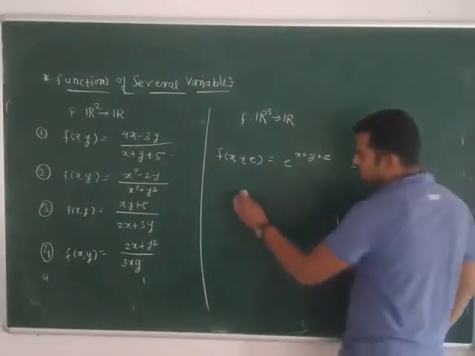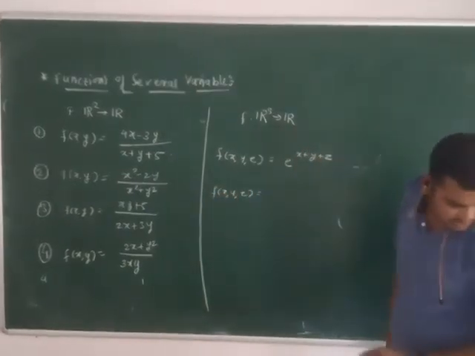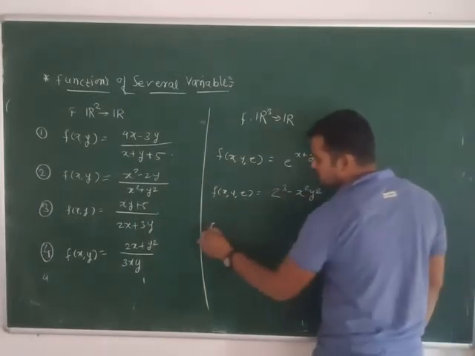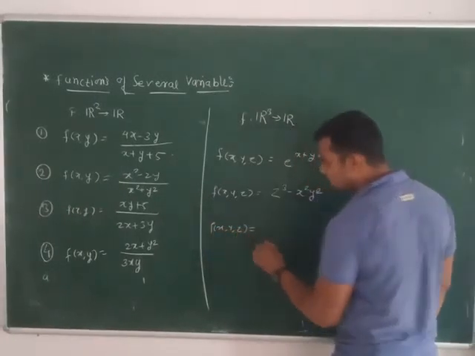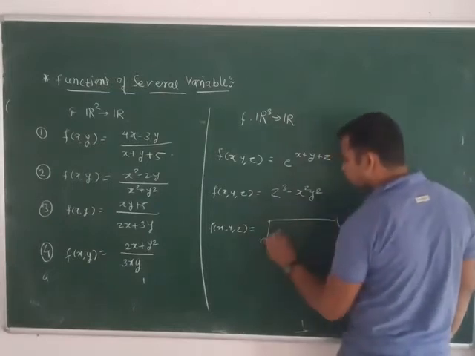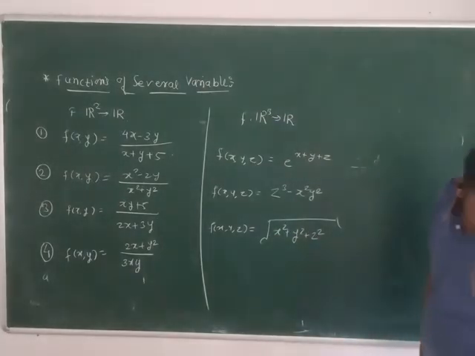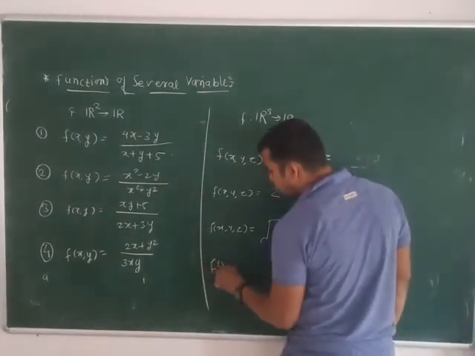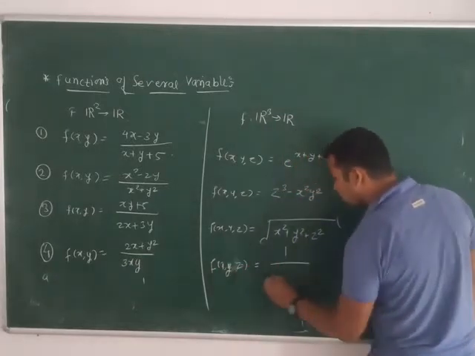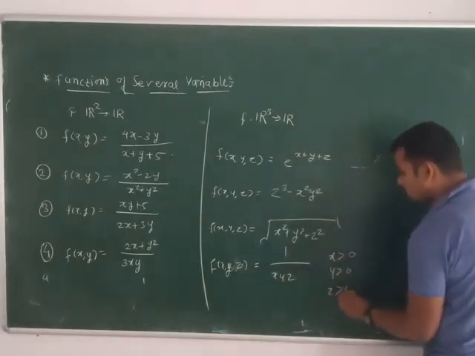Next, we will define the function f(x, y, z) = z³ − x²y². Similarly, we will define f(x, y, z) = square root of (x² + y² + z²). f(x, y, z) = 1/(xyz), where x is positive, y is positive and z is positive.